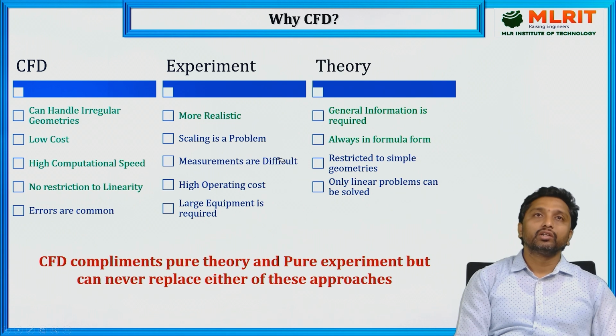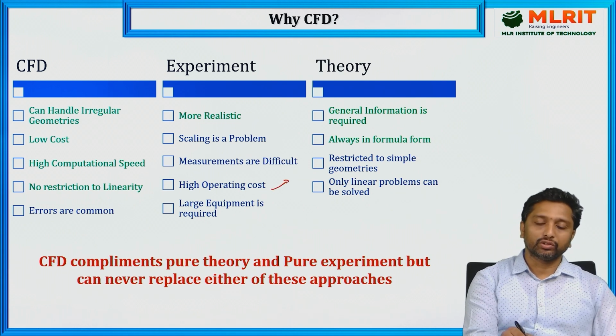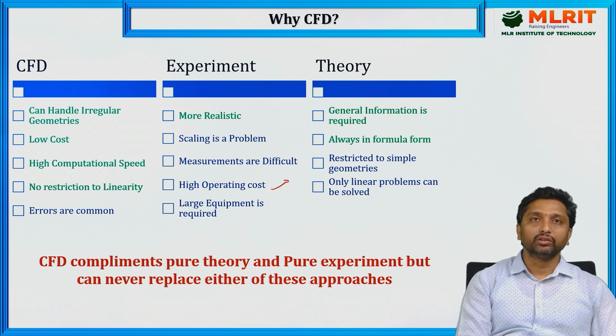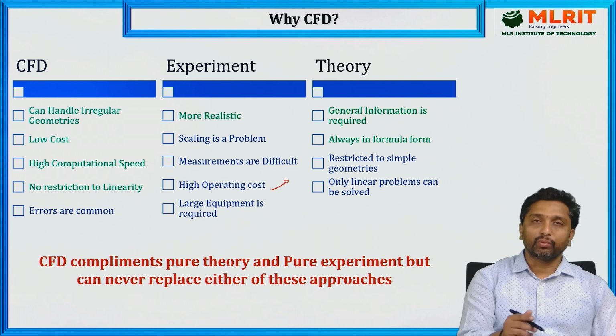Then high operating cost, again, since a lot of machinery is involved in the experimental setup, they occupy large equipment, large spaces, and they require huge power to operate them.